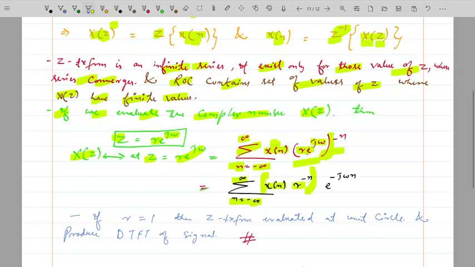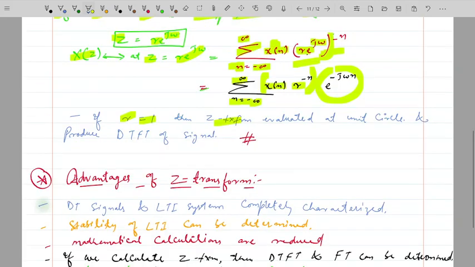So the real and imaginary parts are separated in this equation, and if we solve this summation expression over the discrete values, it behaves like a DFT of this system. If r, the real value, is equal to 1, then the Z transform evaluated on the unit circle produces the discrete time Fourier transform, DTFT, of this signal. What is this unit circle?